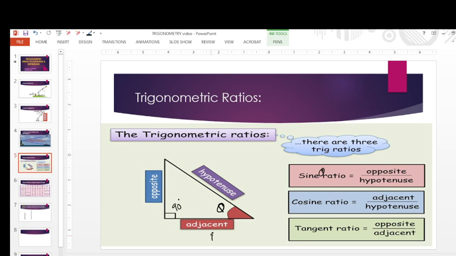You can also call it base, and opposite you can call perpendicular because it's always vertical, right? And this is the hypotenuse, opposite to 90 degrees. So sine theta is opposite upon hypotenuse. Cos theta is adjacent upon hypotenuse, and tan theta is opposite upon adjacent.